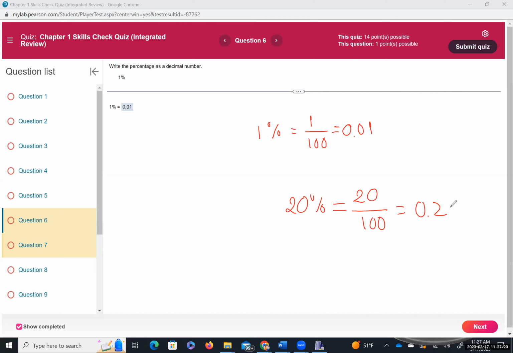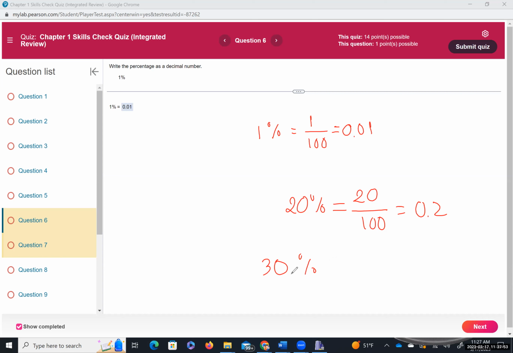All right. But yeah, let's say if you want to know if there is any way I can make the decimal easily, you can move the decimal to the left two places, let's say like 30%, right?